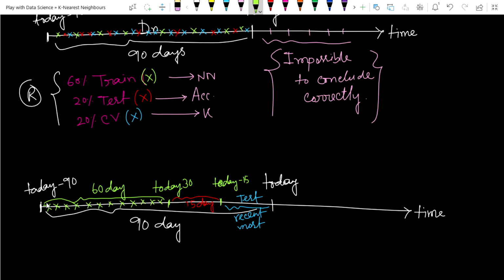I am taking the oldest 60% of the data as our training data, the next oldest 20% as our cross validation data, and the most recent 20% as our test data.